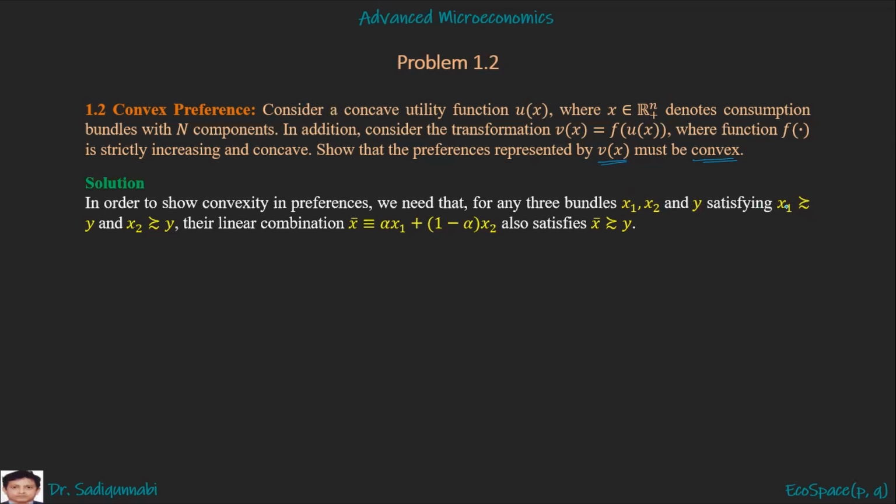If x1 is preferred to y and x2 is also preferred to y, then convexity says that the linear combination of x1 and x2, that means x bar, also satisfies this condition. That means x bar is weakly preferred to y.